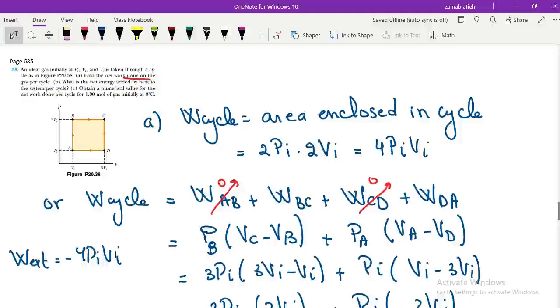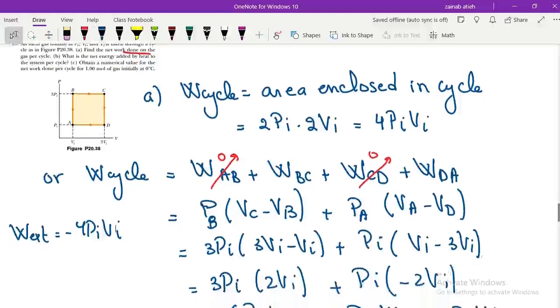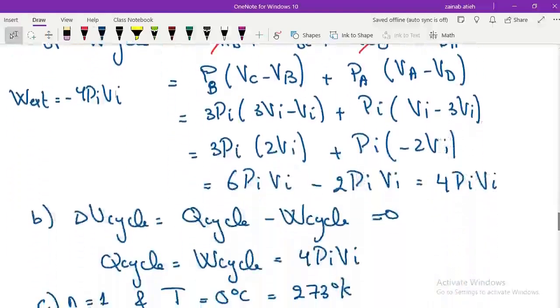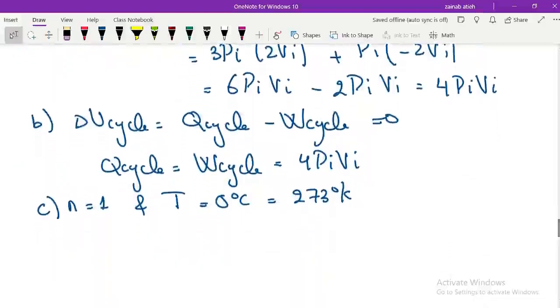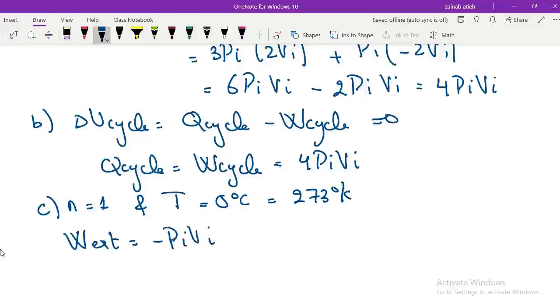Never mind, in exams we only ask about the work done by the gas. So we don't ask about W external, we only ask about W done by the gas. So W external, which is the work done on the gas during this process, is equal to minus 4 pi Vi.